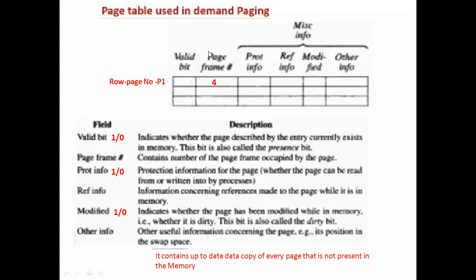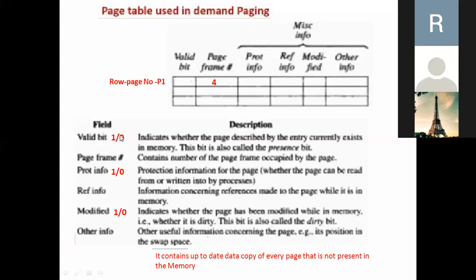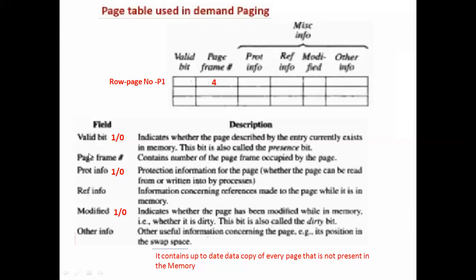Along with that, we also have the page frame, which indicates in which frame the particular page is stored, and a valid bit, which indicates whether the particular page is present in the main memory or not. As I've shown here, the valid bit, protection bit and modified bit can be either 1 or 0.